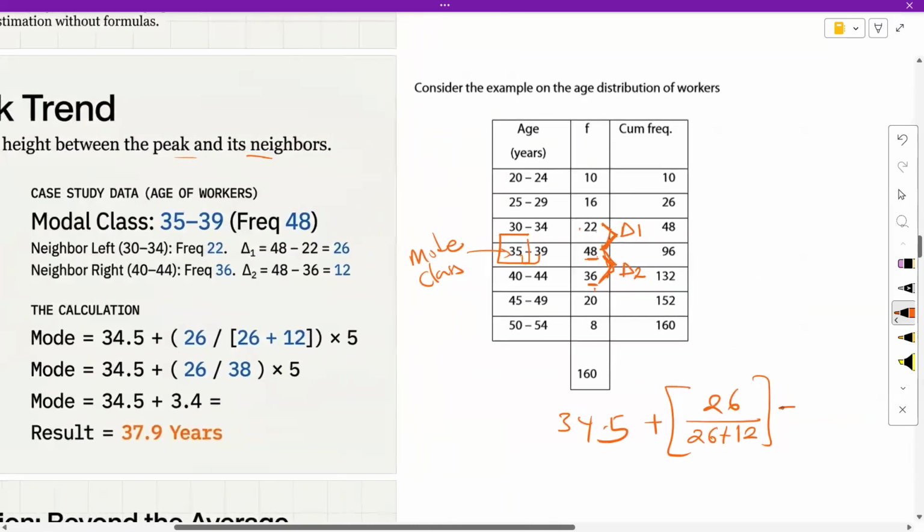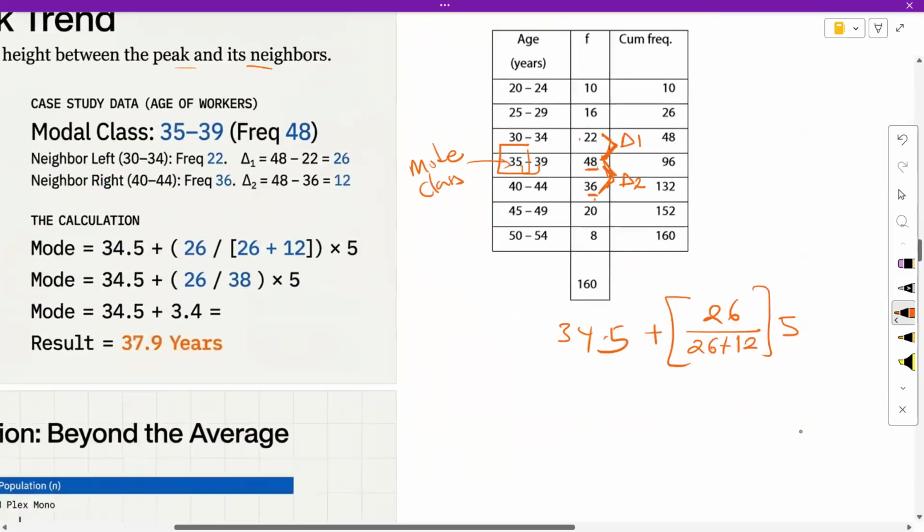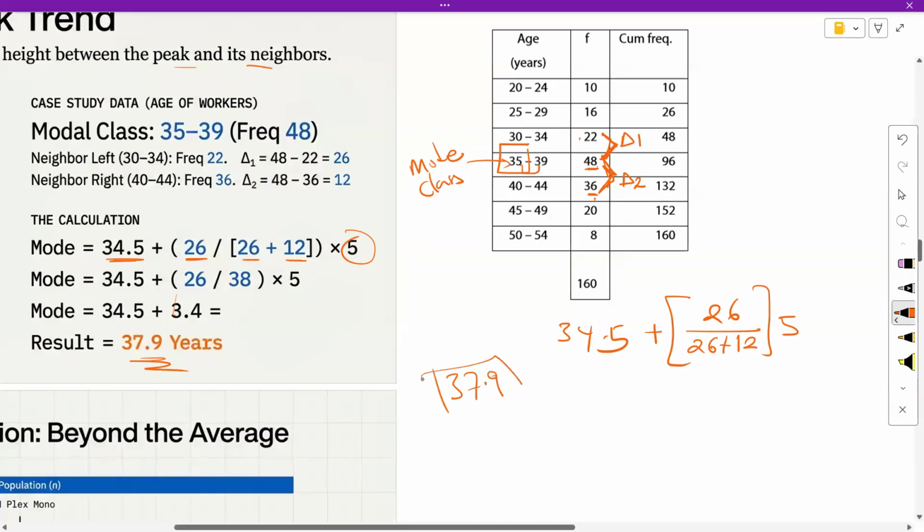When we solve this, mode equals 34.5, the lower boundary of the modal class, 26 is delta 1, 12 is delta 2, and the class width. So when we solve this, we get 37.9 years. This is the mode.